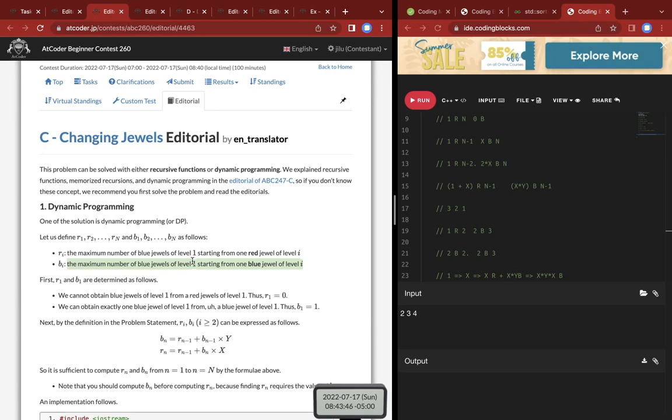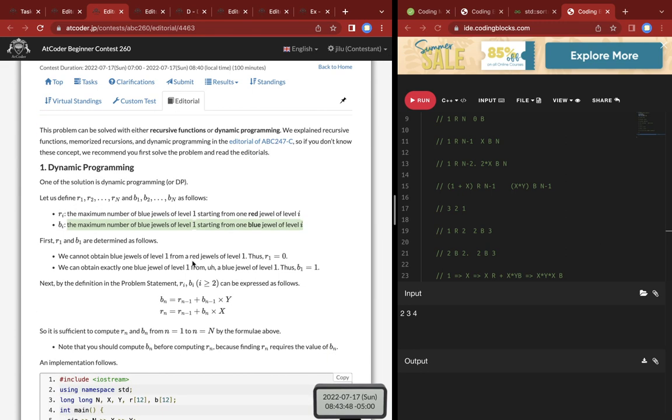Next, by the definition in the problem statement, R_i and B_i for i greater than or equal to 2 can be expressed as follows. B of n is equal to R of n minus 1 plus B of n minus 1 into y, because it yields y blue ones, and R of n is R of n minus 1 plus B of n, yeah, that's exactly the question. So it is sufficient to compute R_n and B_n from n equals 2 to n by the formula above.